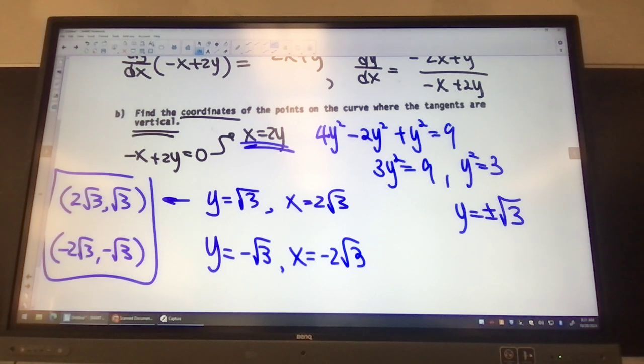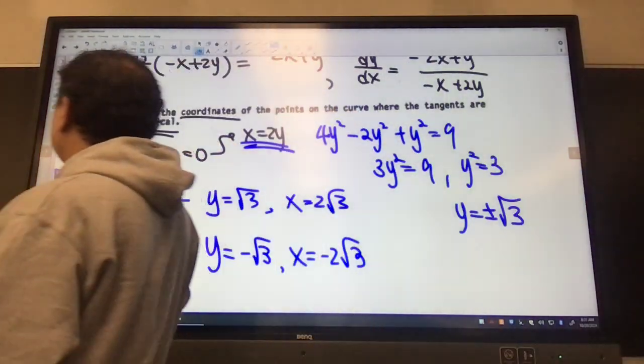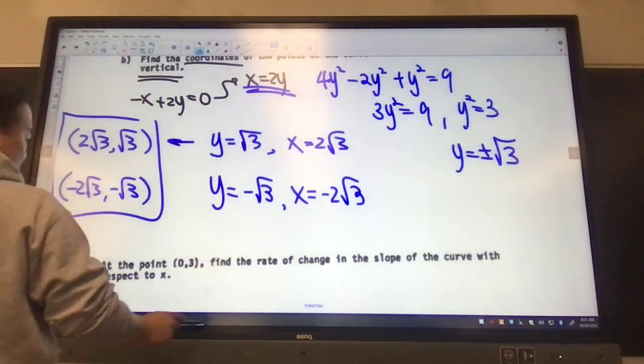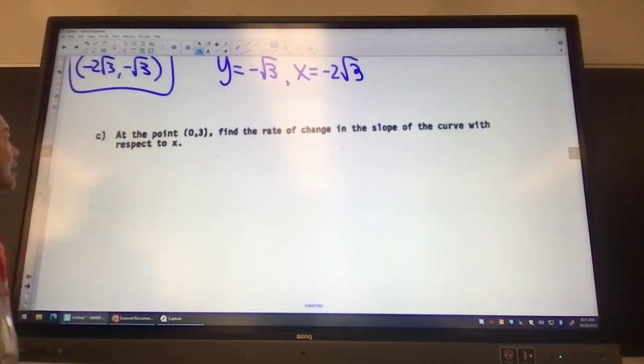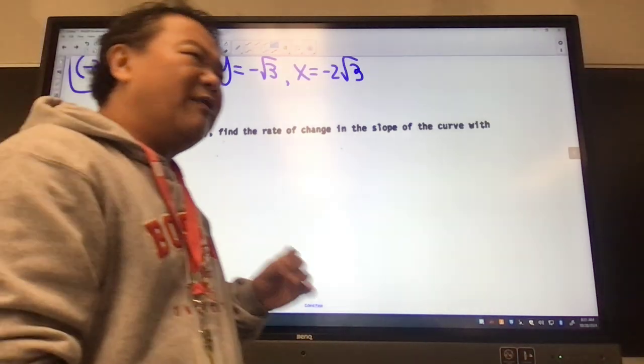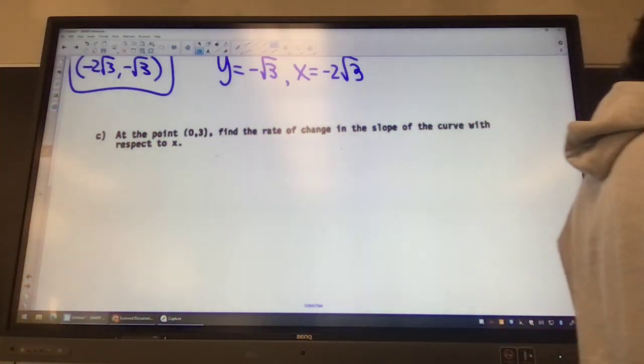Now the third question here: at that particular point (0, 3), find the rate of change. Oh, wait a minute. Rate of change, as I shared with you before, refers to taking the derivative usually, right?